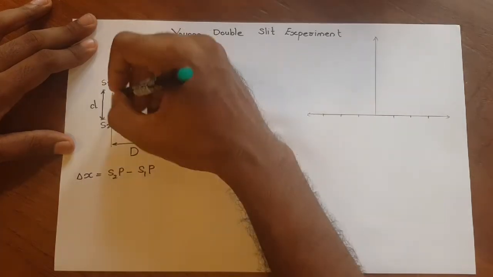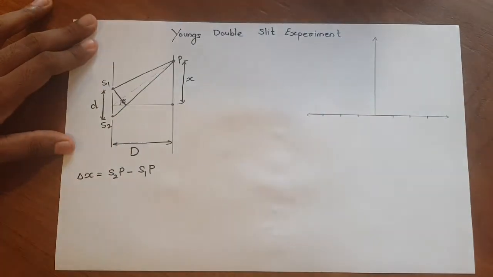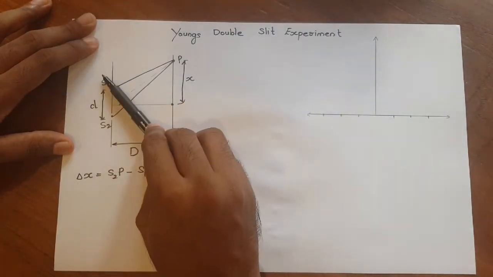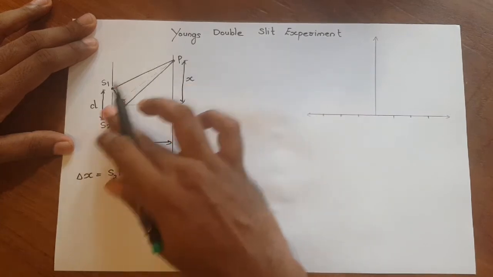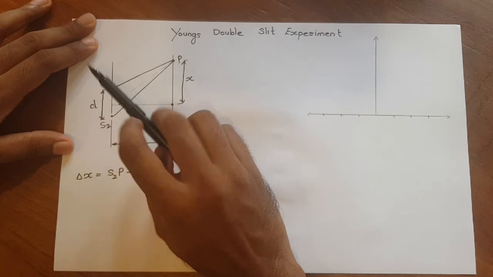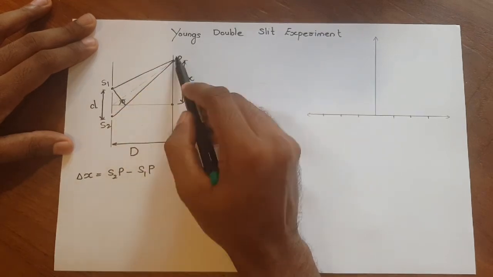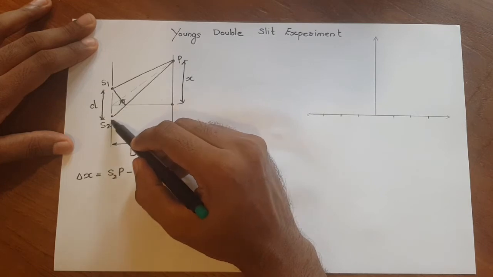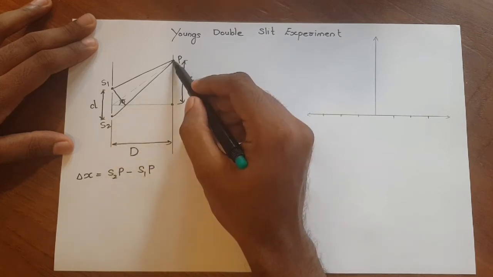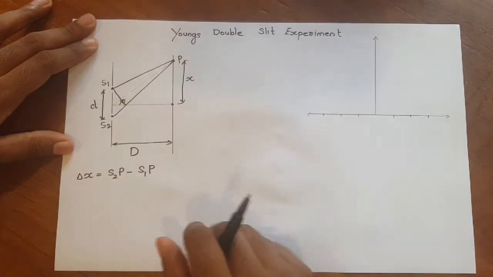Now if I draw a perpendicular to the direction of propagation, or if I consider that this is a common wavefront traveling to that point, then from this perpendicular plane the path traveled by the first wave and the path traveled by the second wave will be the same, which means this distance and this distance are the same.